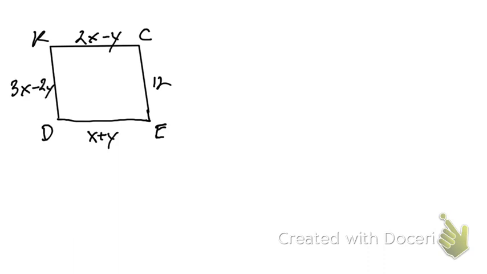What do we know about parallelograms and their sides? When the opposite sides are equal. Are congruent, right? So we have this 2x minus y has to equal the x plus y, right? And then the other pair must also be congruent, so that's 3x minus 2y equals 12.